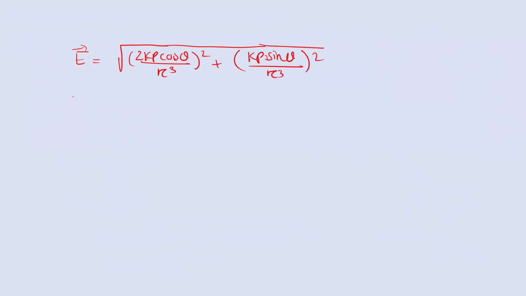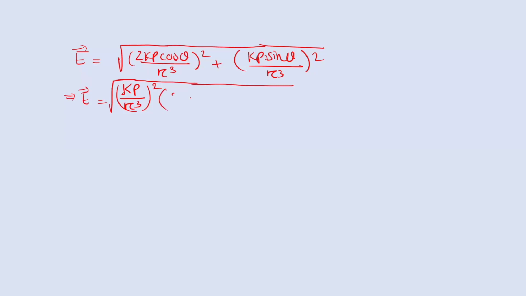All right. So now on simplification, if you see this kp cos theta by r cube and this kp sin theta by r cube, here 2 is not available in the second term. So we will take common kp by r cube with a whole square, and the root over I'm writing here.